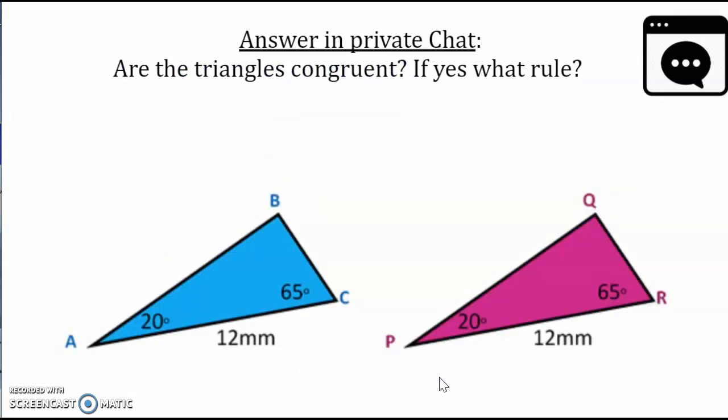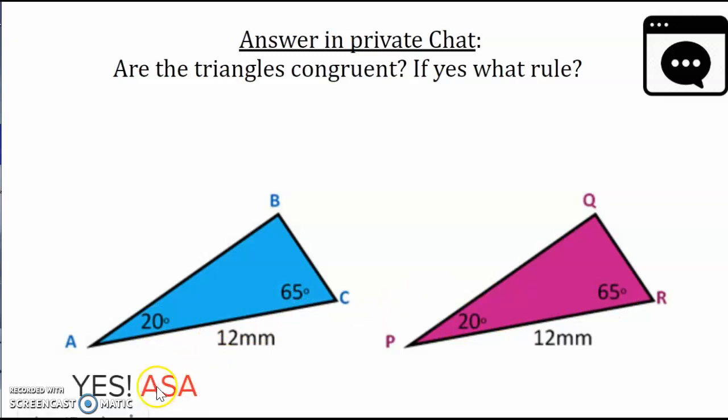Okay, what about this? Are the 2 triangles congruent? Okay, so we have 20 degrees here and 20 degrees here. We have 65 degrees here, 65 degrees here, and 12 millimeters here and 12 millimeters here. So we have 2 pairs of congruent angles, and we have 1 pair of sides that are congruent, and that side is in between the 2 pair of angles that are congruent.